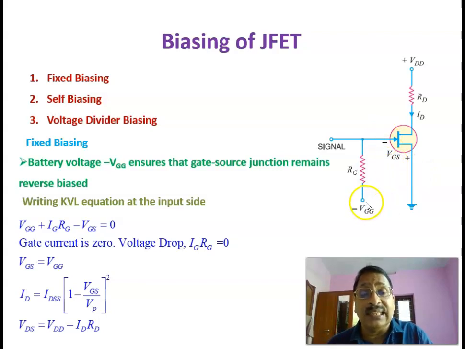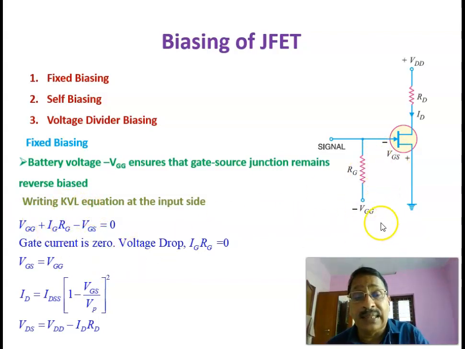By applying a negative voltage at G and a resistor, this ensures that you are getting a negative gate to source voltage. If you write Kirchhoff's voltage law for this loop, this is a minus and this is a plus. Actually, here VGG plus IG into RG minus VGS equal to 0. That is the Kirchhoff's voltage law equation.